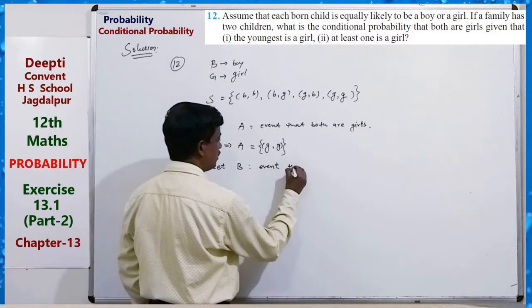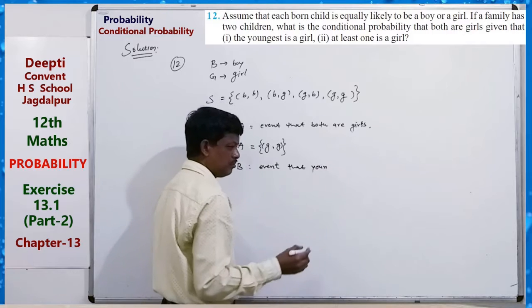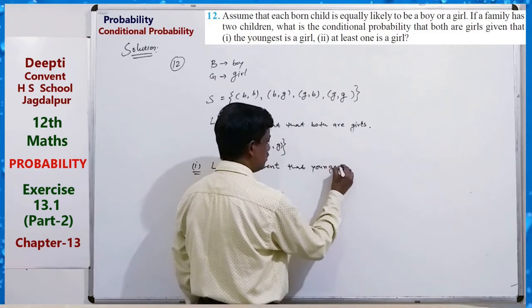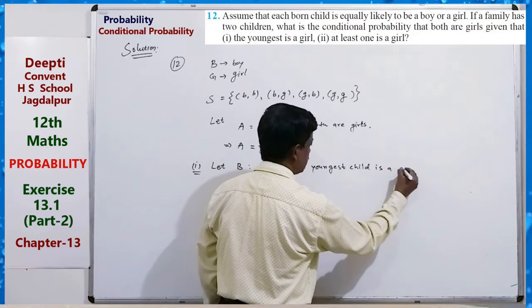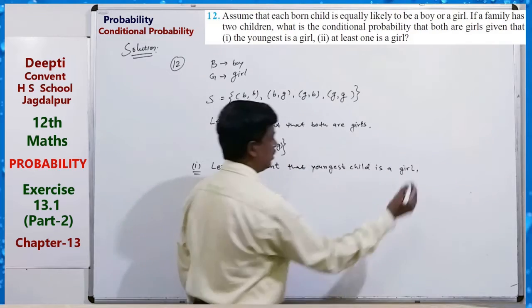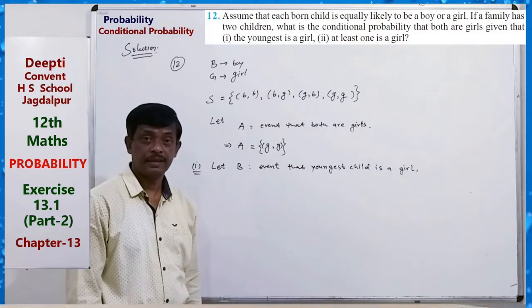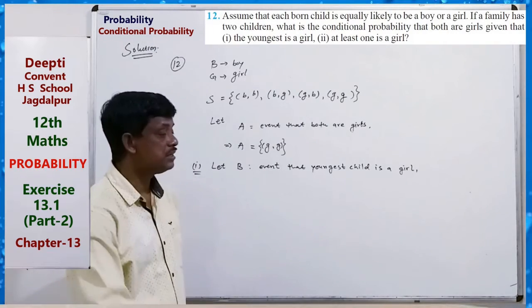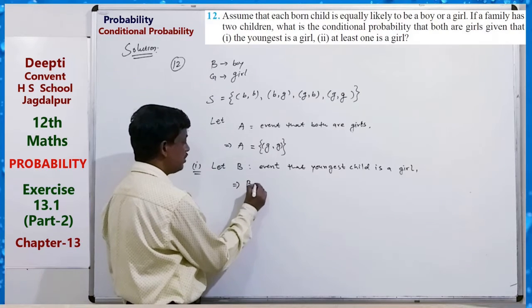The youngest is in the second position. So the youngest child is a girl means B will be what?